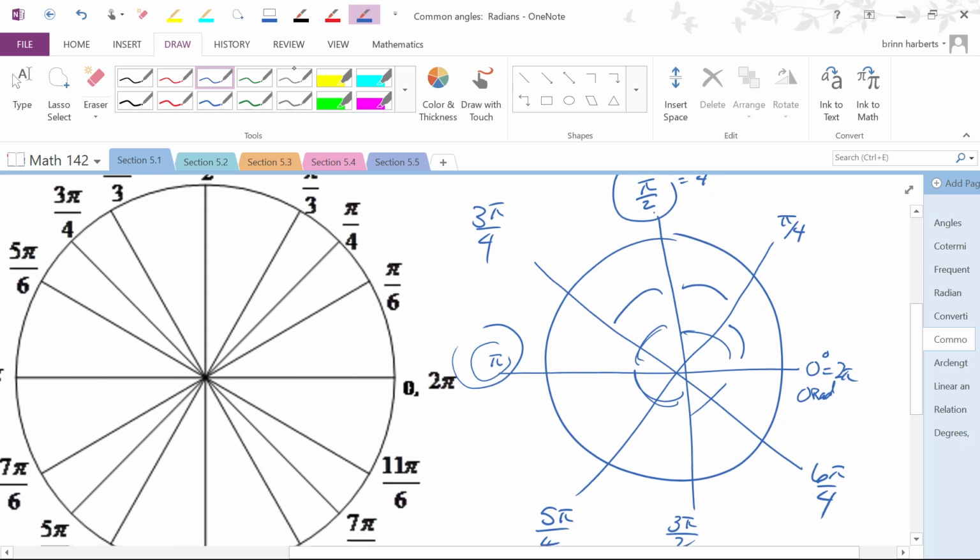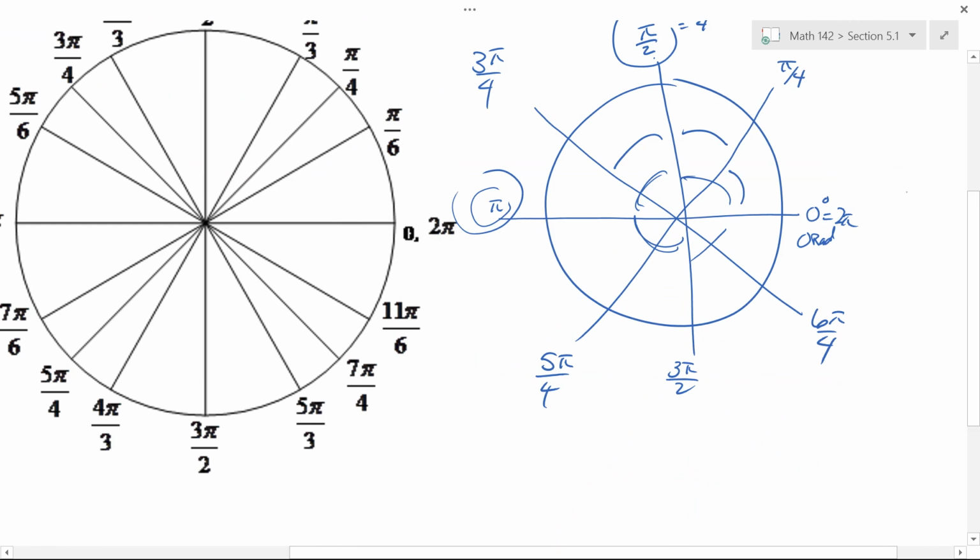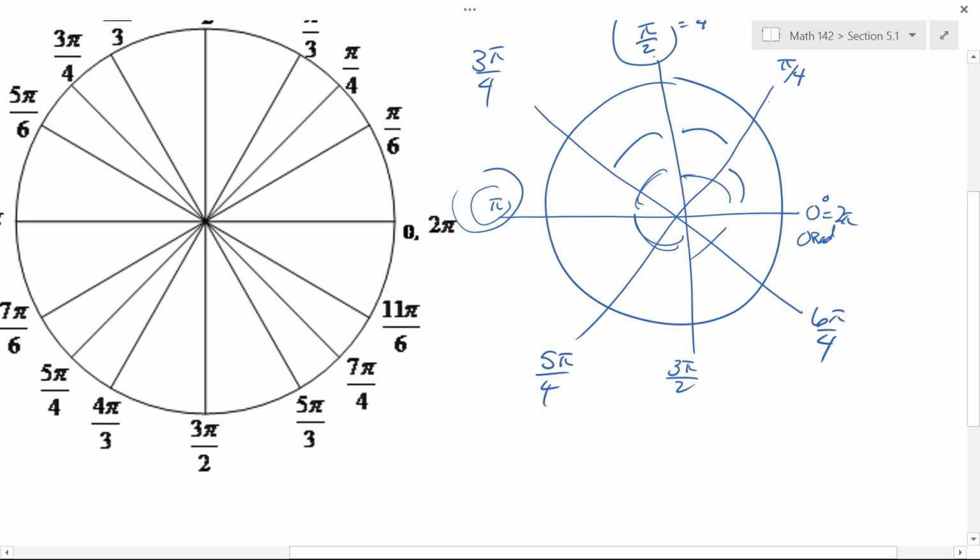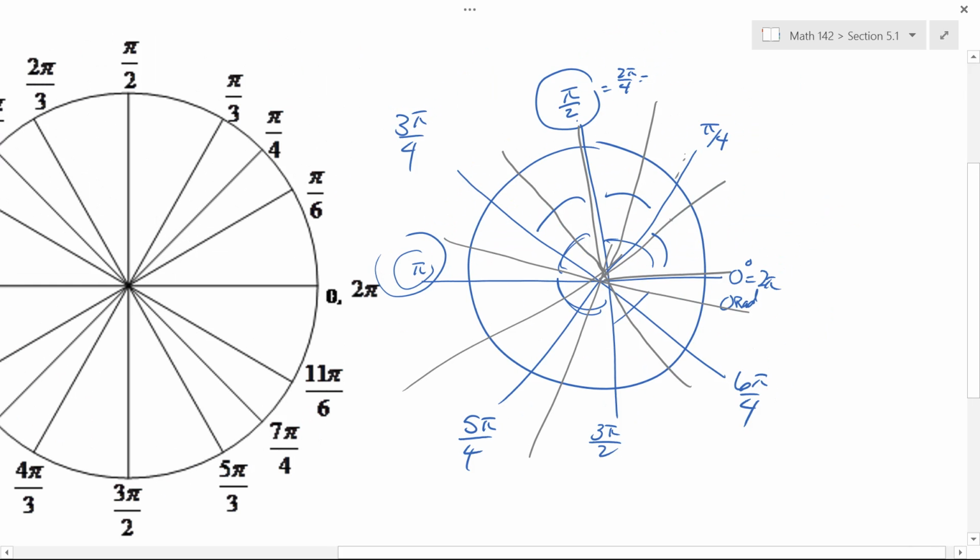Now, I'm going to change colors here so you can see something. Okay. Instead of splitting this up into quarters, let's split it up into thirds. So you could almost pretend that this line here is not there. And let's look at taking that quarter circle and splitting it up into thirds. So I've got equal pieces here, here, and here.